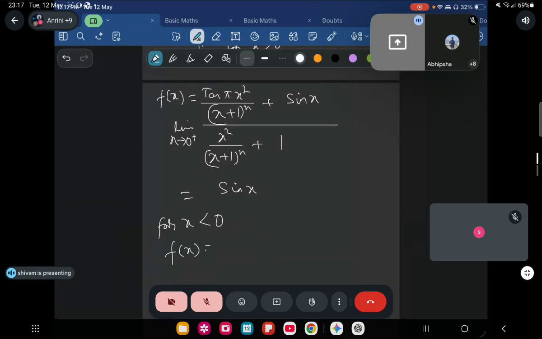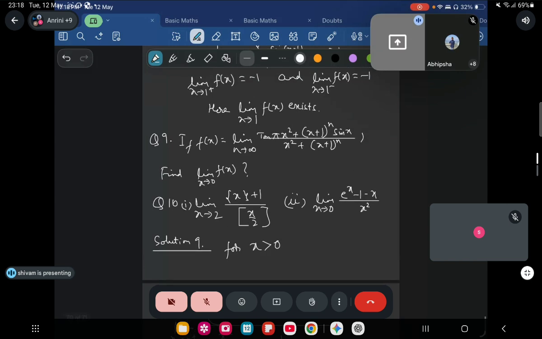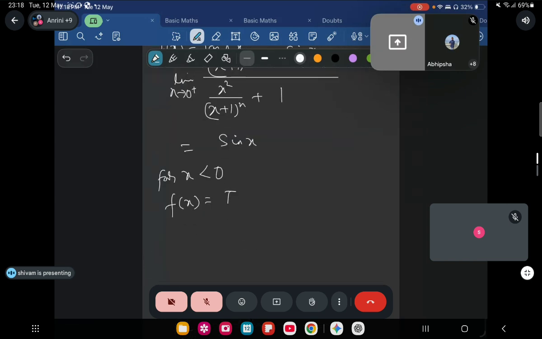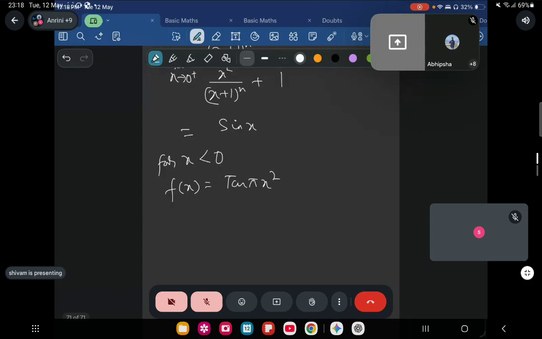Next, for x less than 0, f of x will be equal to, for x less than 0, (x plus 1) whole to the power n is gone. Only you'll get tan pi x squared upon x squared.